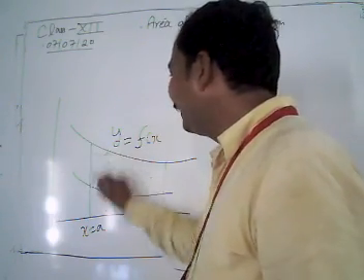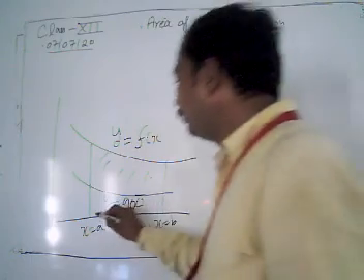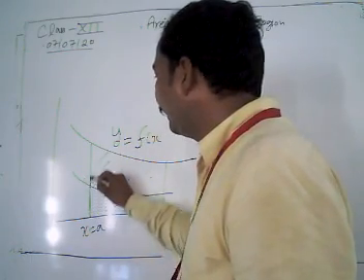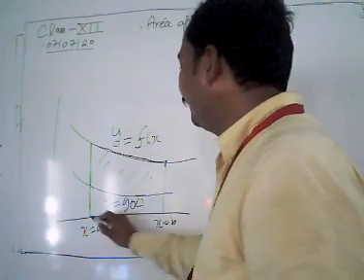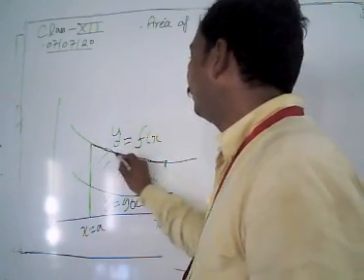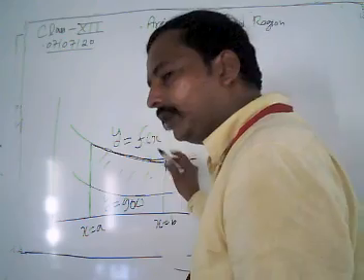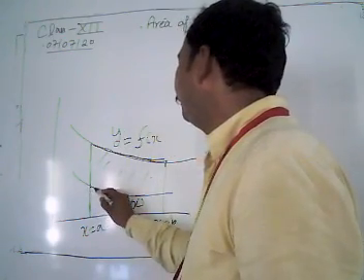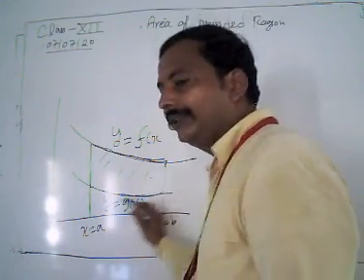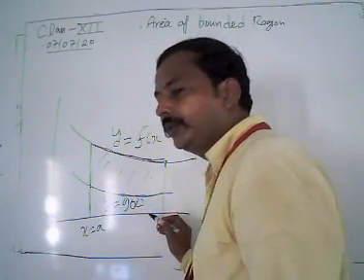Then to find this shaded region, what do we do? First of all, we find the area by integration between the limits a to b under the curve y equal to f(x). Then we subtract the area made by the curve y equal to g(x) within the limits a to b.